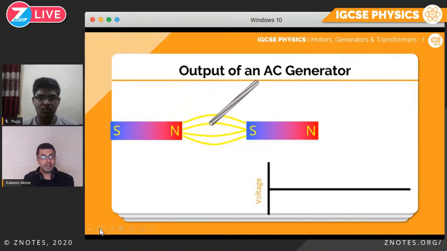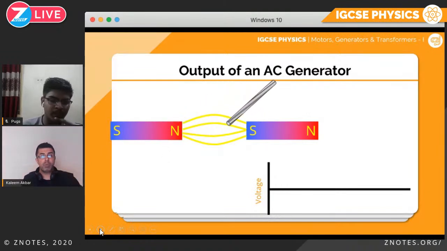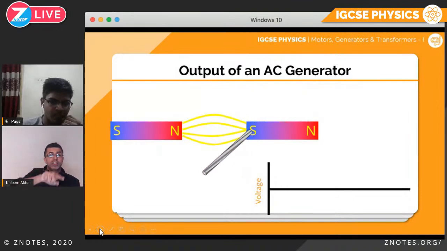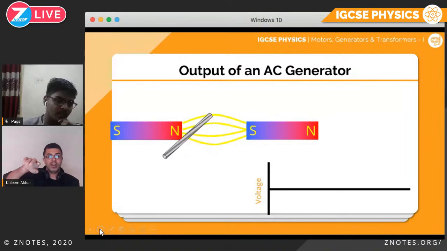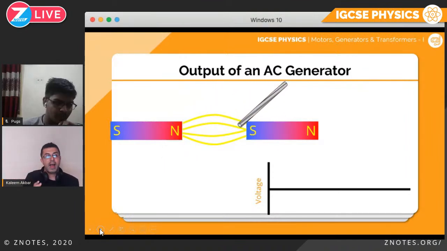And it's not cutting the magnetic field when I make it move right and I make it move left. You might be thinking, why would you deliberately do that? We're not going to deliberately do that. But what I want to explain to you is a coil of wire will do the exact same. Because when it spins round and round and round, when it's horizontal, it cuts the most magnetic field lines. And when it's vertical, it does no such thing for the slightest fraction of a second.